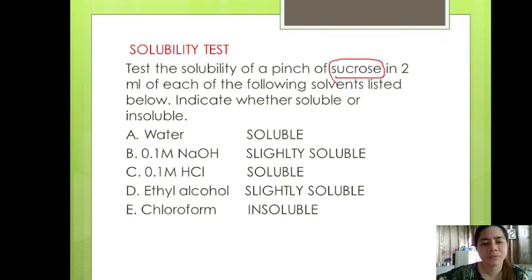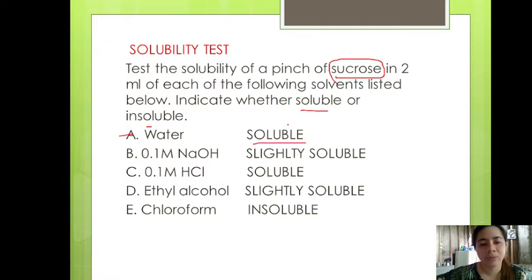In 2 ml of each of the following solvents listed below, indicate whether soluble or insoluble. We will see if it can dissolve or not. So, in water, sucrose, the kind of sugar, if you put it in water, it is soluble.